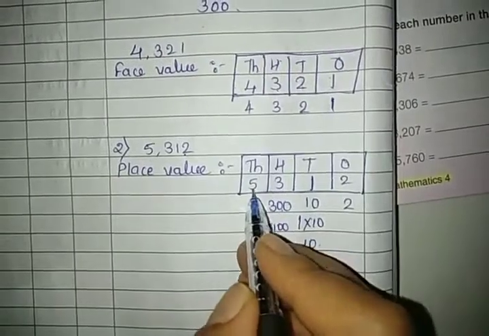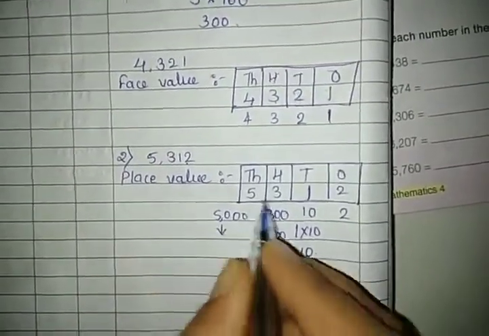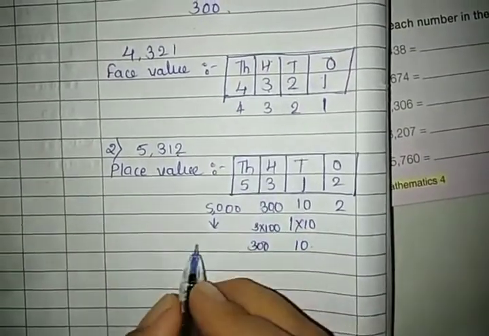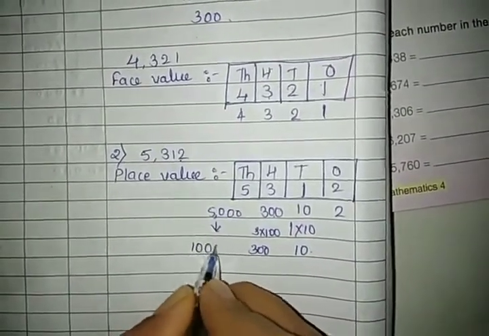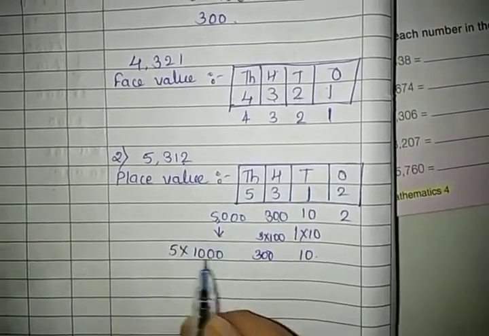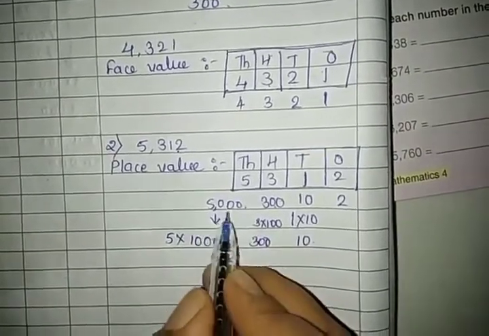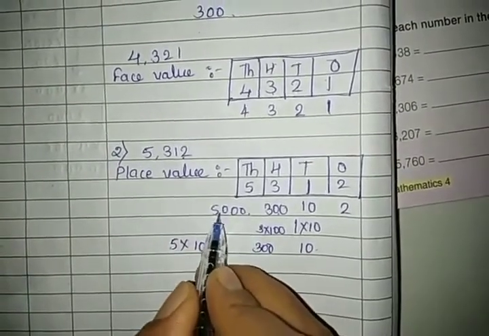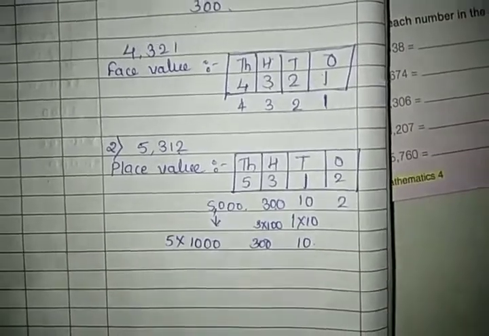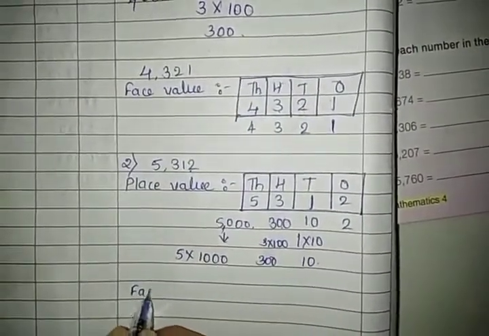And the place value of 5 in thousand place will be 5000, because this is thousand place and the thousand place has the value of 1000. 1000 multiplied by 5: 5 ones are 5, and the remaining 3 zeros as they are you need to write, and after ones, tens and hundreds you should put a comma here. Okay. Now we'll write face value.